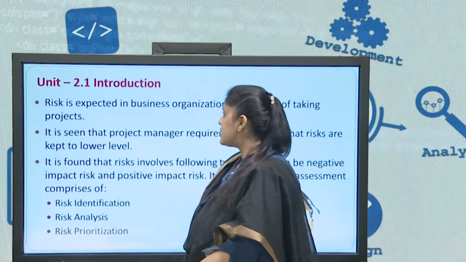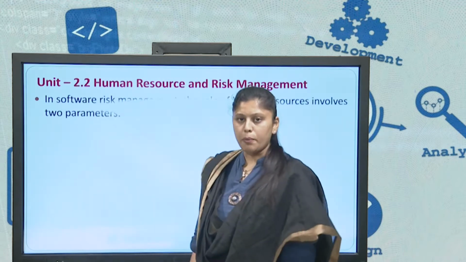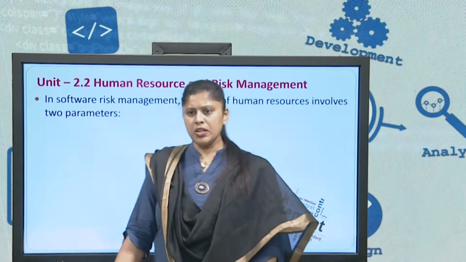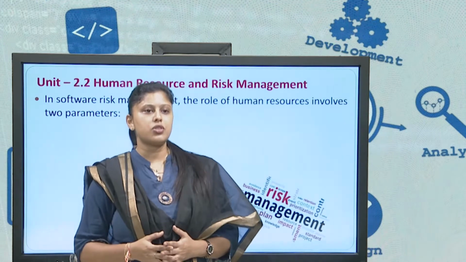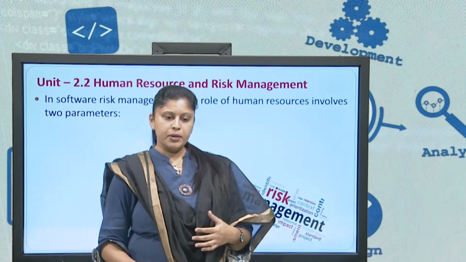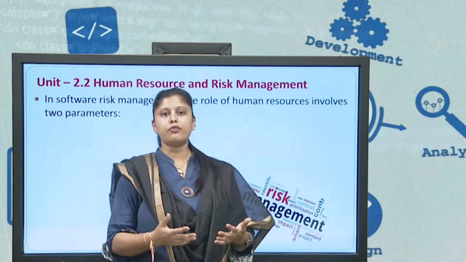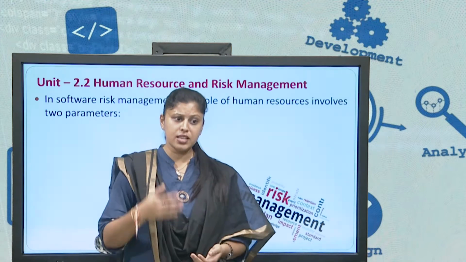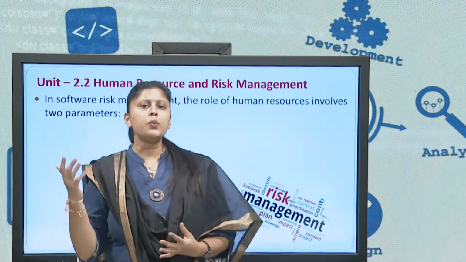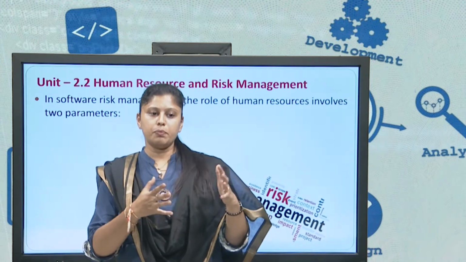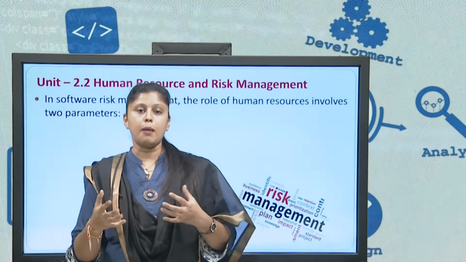Now, let us see the second topic, which is human resource and risk management. When you talk about human resource, we generally think of people working in the company who are recruiting for the company, and even those people who are working with our software. So, it is not only the people who are recruiting employees in the company.